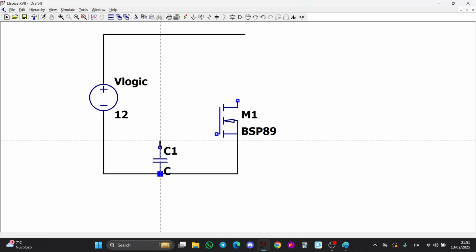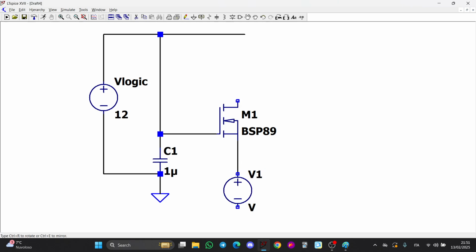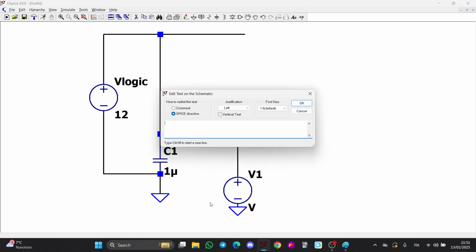So let's suppose that we are going to use the common gate configuration. So we are putting the signal here. Now the PWM is defined with the duty cycle D of 0.5 and the switching frequency of 50 kHz.